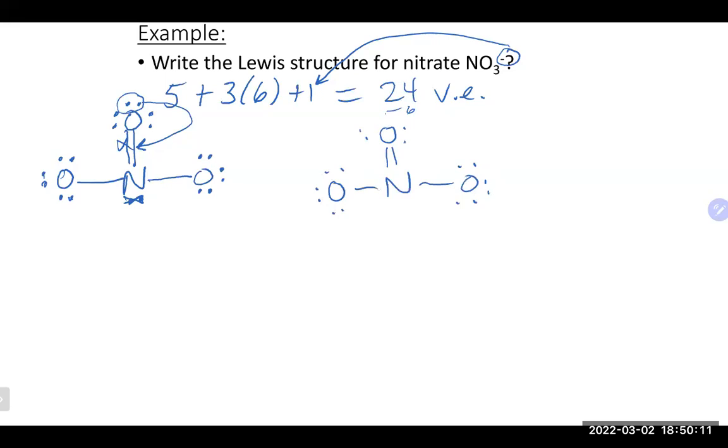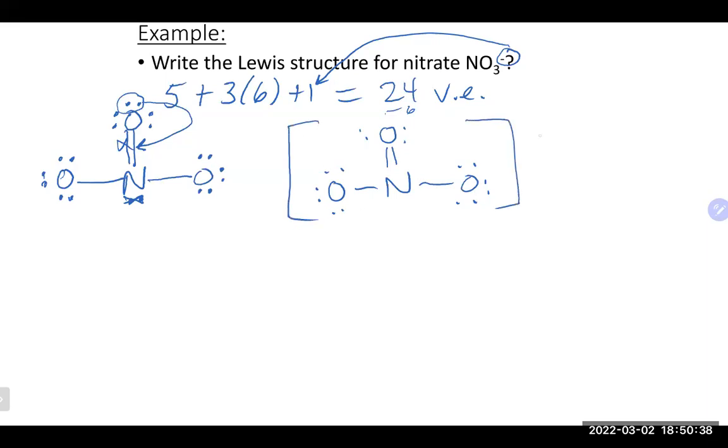And if we count up our electrons, we still end up with 24 total electrons, which is what we want. The nitrogen in the middle now has 8 electrons, 2 to one single bond, 2 to another, and 4 for the double bond up on top gives it 8. The oxygen that's double bonded has the 4 dots and the 2 lines, which gives it 8, and each of the oxygens have 8 single bonded.